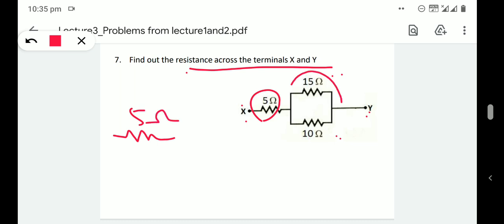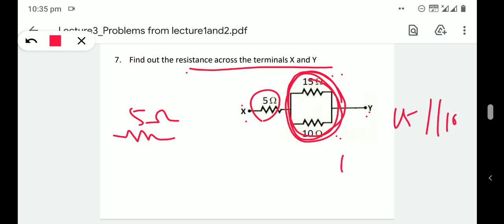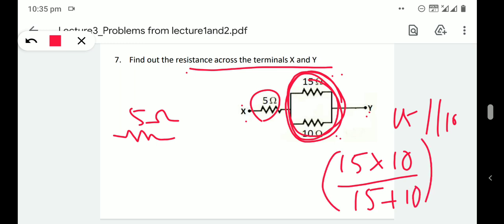So first find out the equivalent resistance when two resistors are connected in parallel. 15 parallel 10 means, how can we find the equivalent resistance? 15 into 10 divided by 15 plus 10 will give the equivalent resistance of this parallel combination.